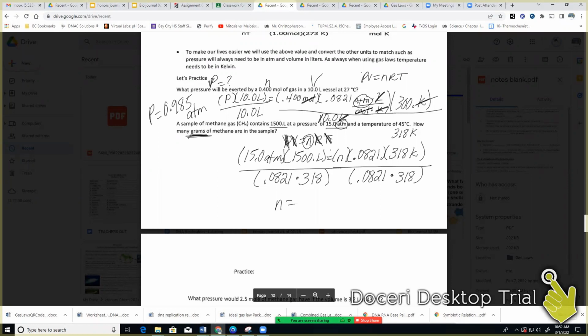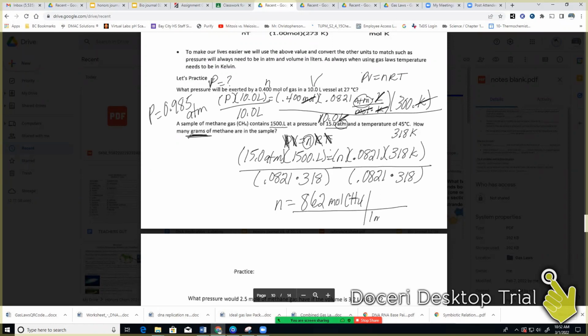All right, so how many moles did we get? 862, perfect. Moles of methane, but we wanted grams of methane, so we're going to use the molar mass.